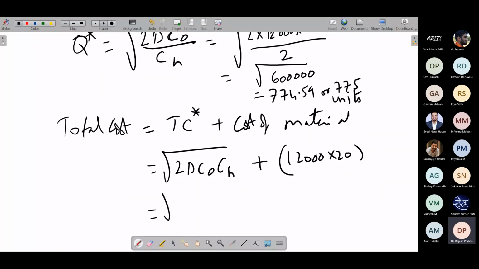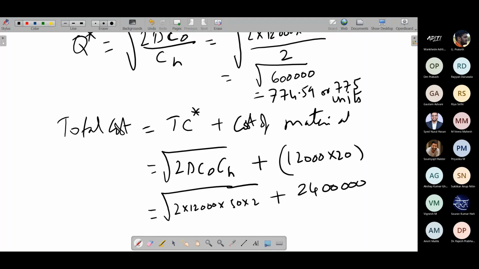This means root of 2 into 12,000 into 50 into 2 plus 24 lakh. 24 lakh or 2,40,000? 12,000 into 20 is 2,40,000. So I made a mistake here.